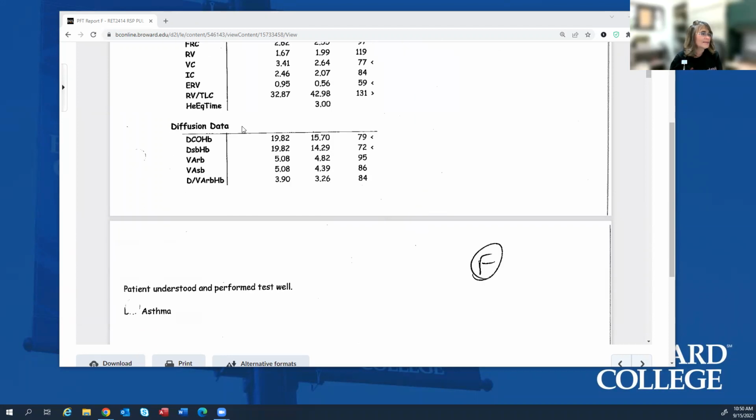And then looking at the diffusion capacity, here it's represented as D. There's no L, so it's just diffusion of carbon monoxide to the hemoglobin. And we said 25 milliliters per minute per millimeter mercury is normal. For this person, 19.8 was normal. And their diffusion capacity is less than normal.